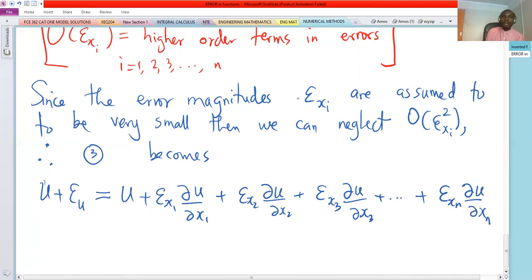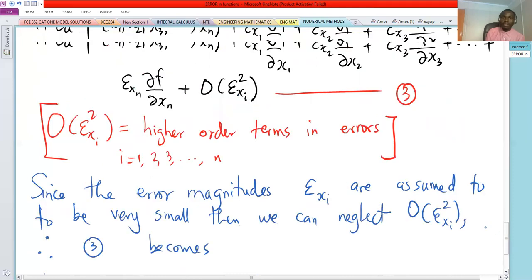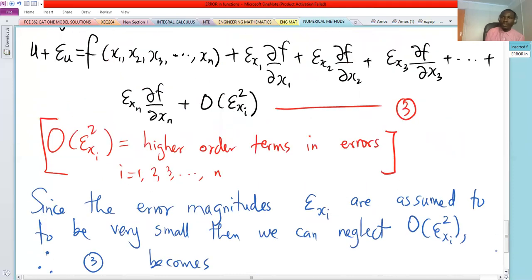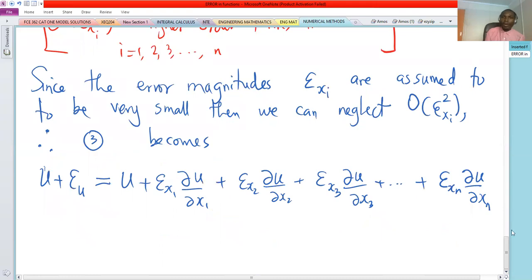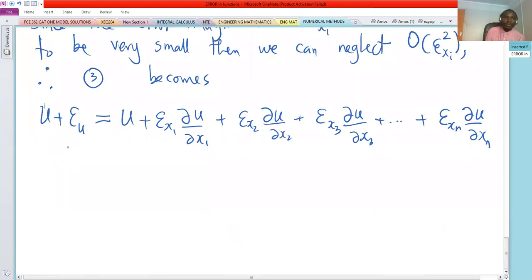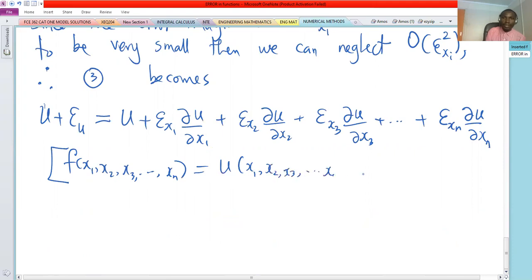So remember we said that higher order terms in error are 0, so that's why I'm stopping at this point here. And what's making us write this one, remember that f of x1, x2, x3 up to xn is the same thing as u of x1, x2, x3 up to xn, which is the same thing as just saying u or just saying f.